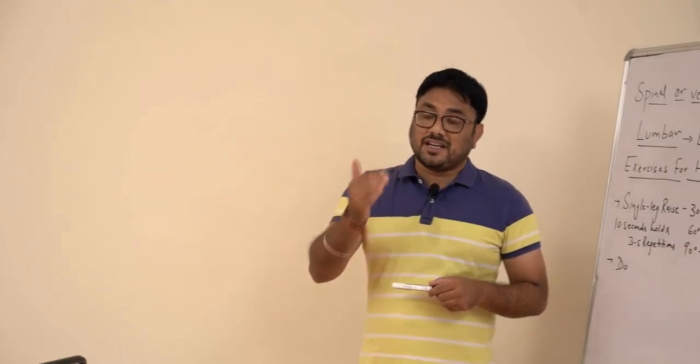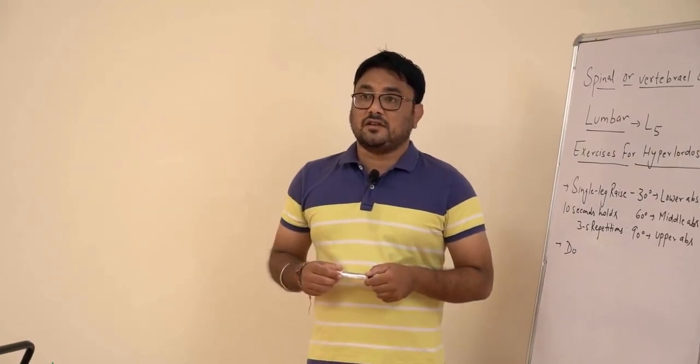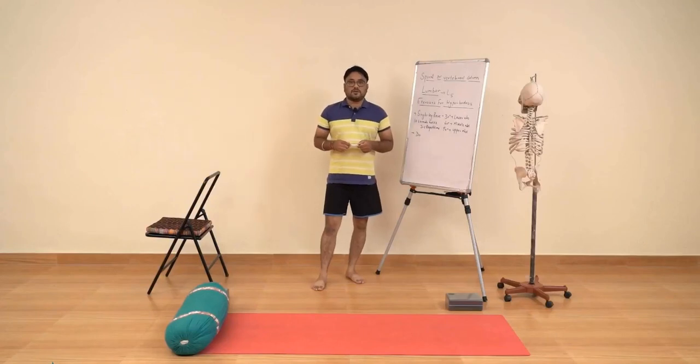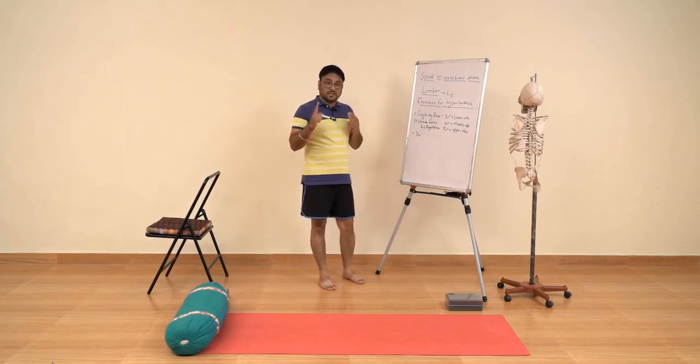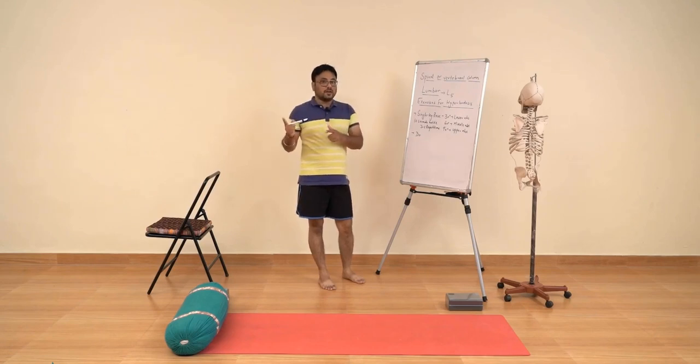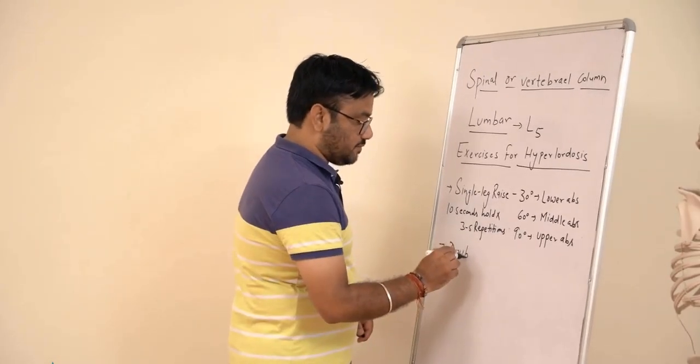How much compression can it create? Sometimes a disc can herniate, prolapse, or even rupture. So always with a single leg first, train the muscles, train the muscle memory in the brain, engage the muscles, then go for the double leg raise. Prepare the muscle first, right? So double leg raise.